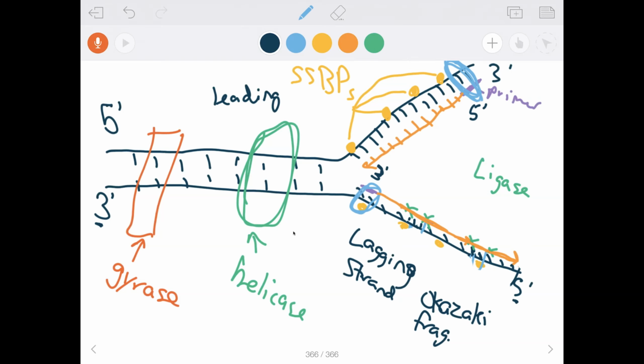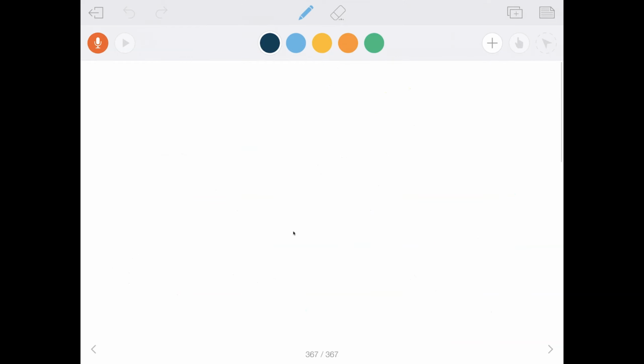Okay, so we're still not done. This is just one of the replication forks. The exact same thing is happening on the other side where the other replication fork is. And then they eventually meet in the middle. And then they have two copies of the new DNA. So my question to you is, what do you have as your final products?